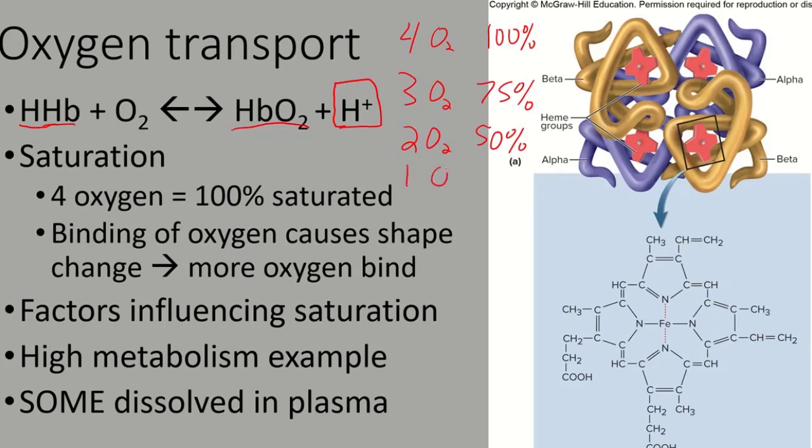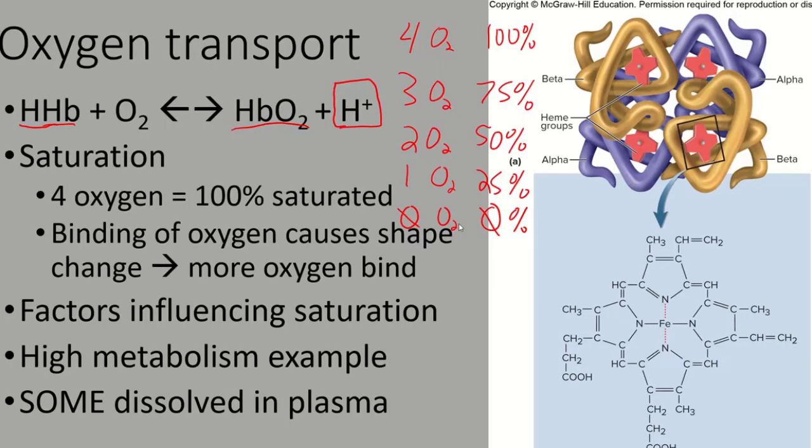If 1 oxygen is attached, it's 25% saturated. And if 0 oxygens are attached, it is 0% saturated. So saturation tells us how many oxygens are attached.